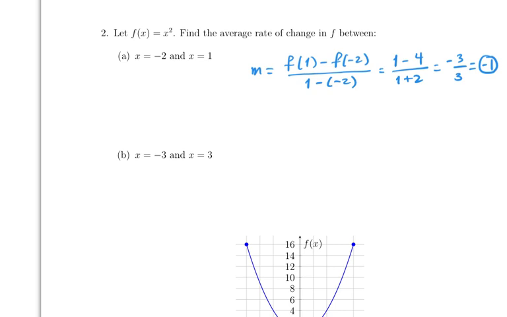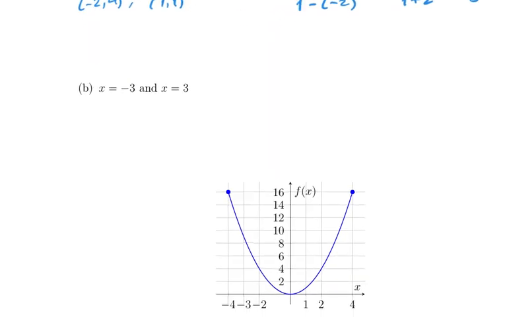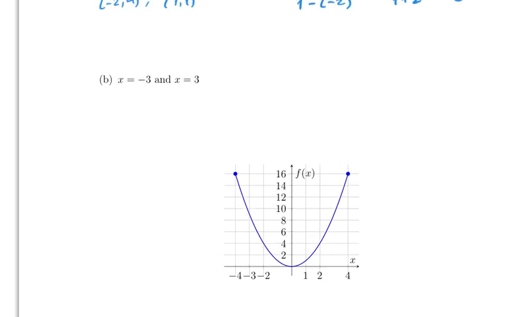Okay, so then if we're going to graph those 2 points, remember from here, the first point is minus 2, 4. And from here, the point is 1, 1. Those are the points. So if we graph those points, the first one is minus 2, 4, which is right here.